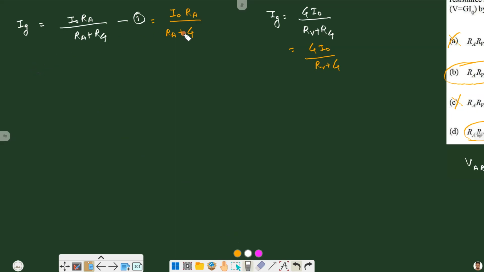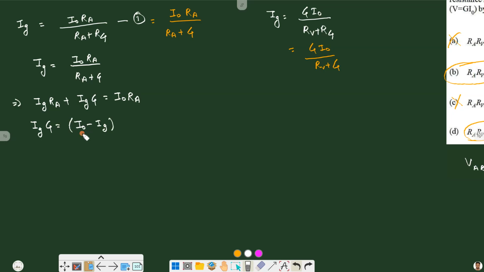From this one we can say, as mentioned, that Ig is equal to I node Ra by Ra plus G. From this, Ig Ra plus Ig G is equal to I node Ra, and from this we can say Ig G is equal to I node minus Ig into Ra, and Ra is equal to Ig G by I node minus Ig. This is for Ra.